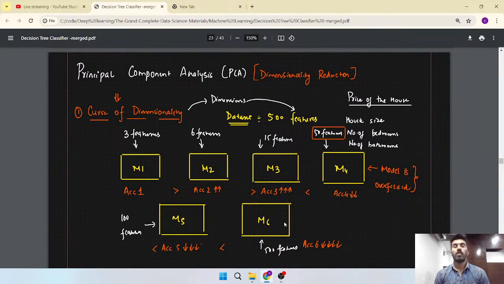So suppose you are a person who knows about house pricing. You are an expert in house pricing, you know that if the number of rooms increases, the price will increase. And the location is also dependent on the price.